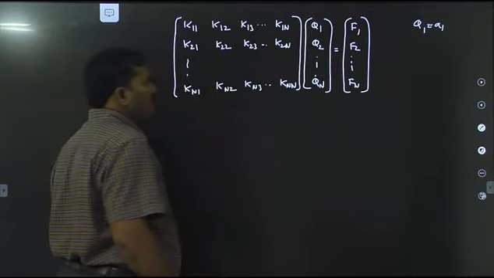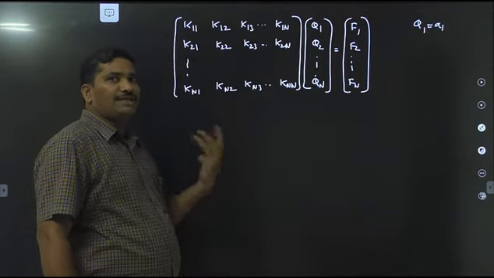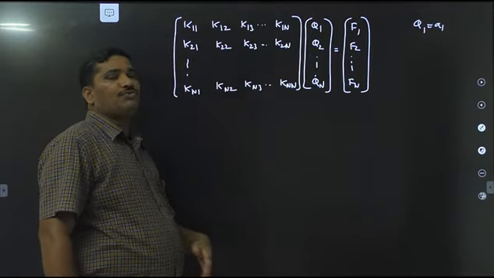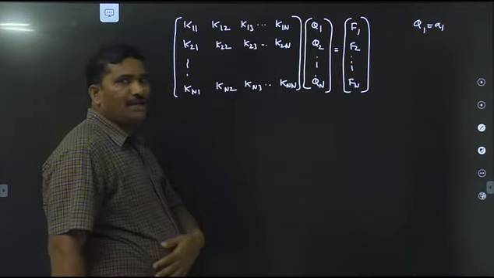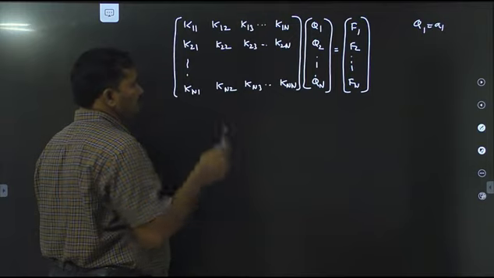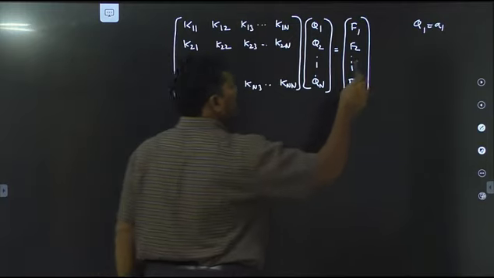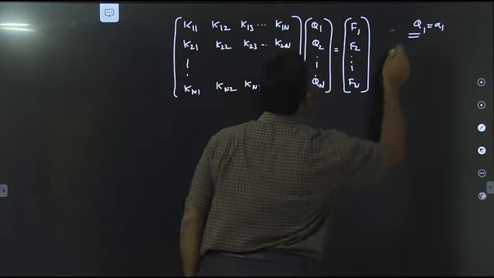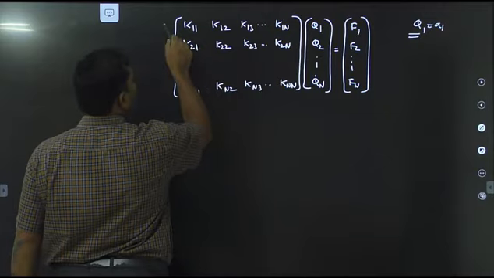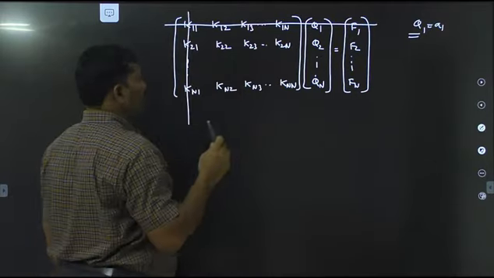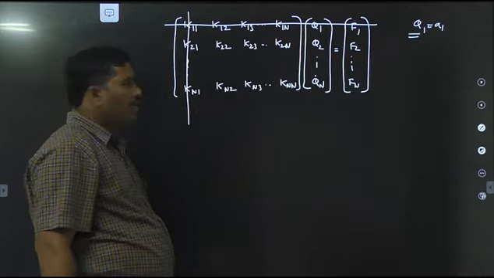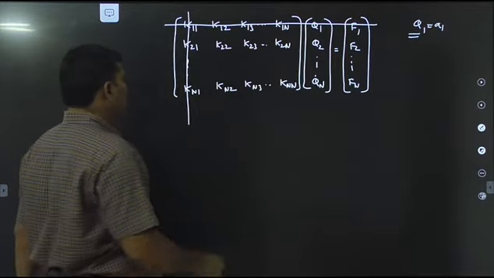Now, what you do is use the elimination approach, the approach we have discussed so far. How do you eliminate the row and column? The row and column corresponding to this degree of freedom you have to eliminate. Therefore, the first row and the first column I have to eliminate, and the remaining equations I have to write.